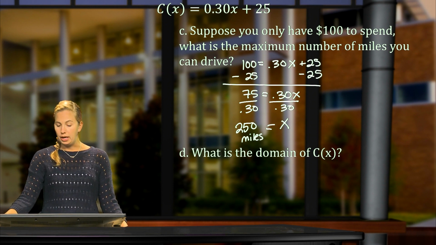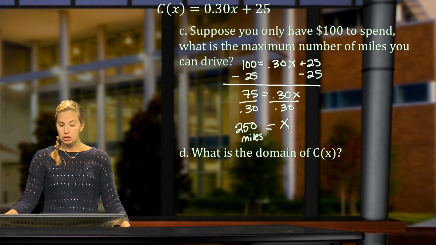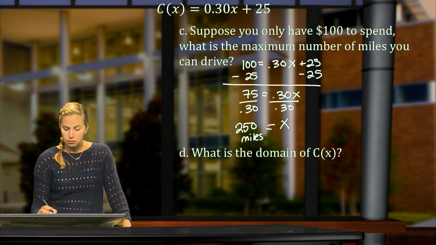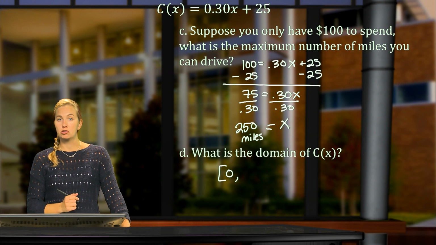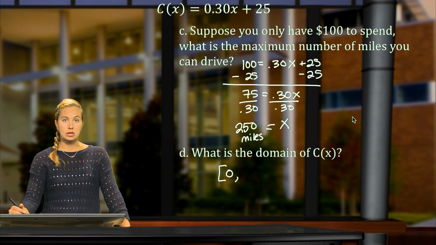What is the domain of C of x? The domain represents our x values, which we know represent our miles. So what is the set of miles that we can drive? If we think about it, we can't drive negative miles, so our domain has to begin at 0. But where does it end? How many miles can we drive in total? Now that depends on if you use part C or not.